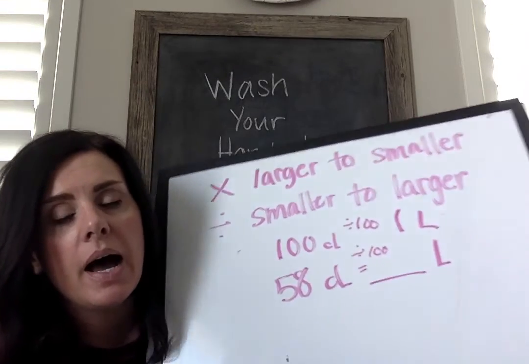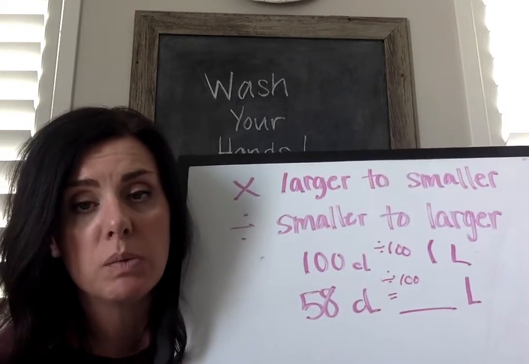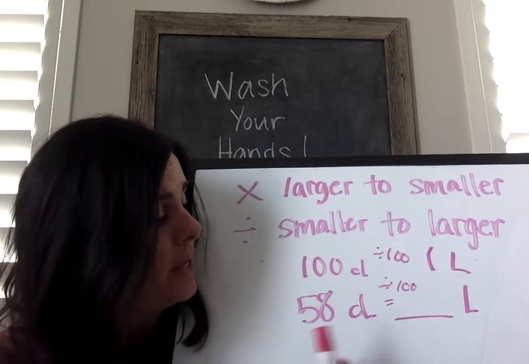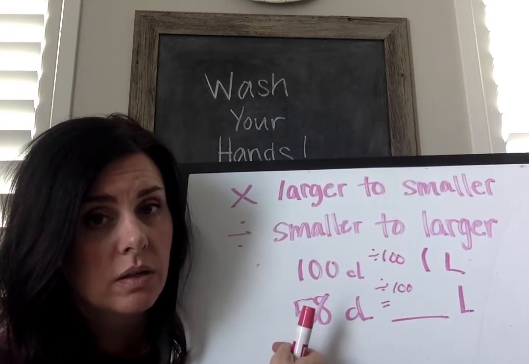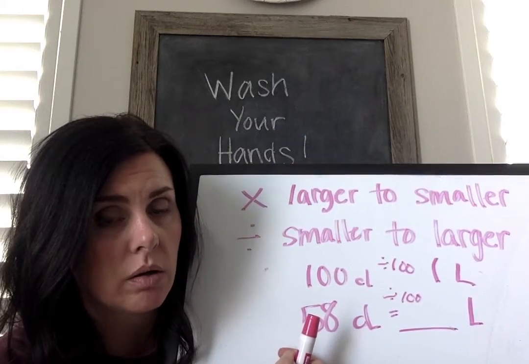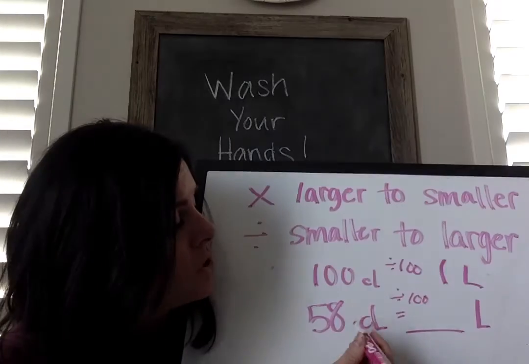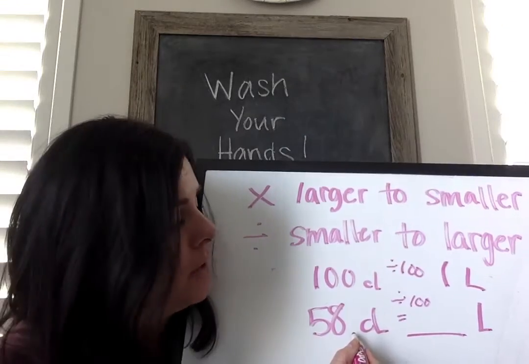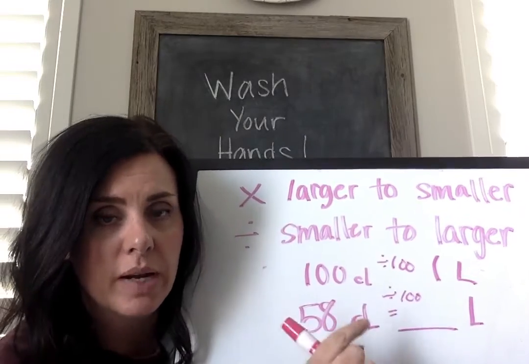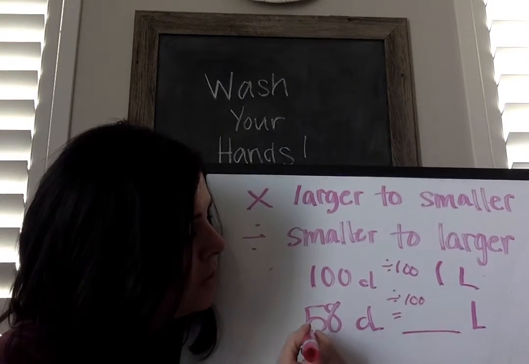Okay, and to do that, I'm going to move my decimal point 2 places, but I'm going to move it to the left because my number is getting smaller. So I'm going to start right here with my invisible decimal. I move it to the left 2 spots. How come 2? Because there's 2 zeros. I'm dividing by 100. I'm going to go 1, 2.